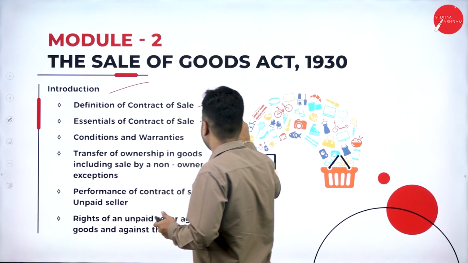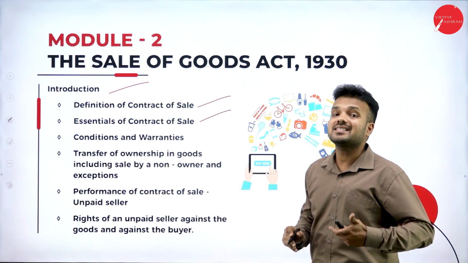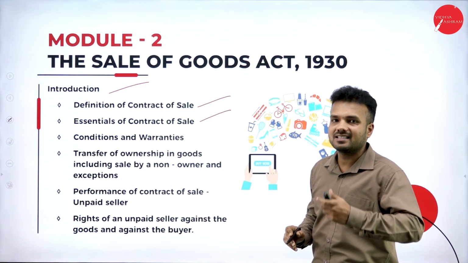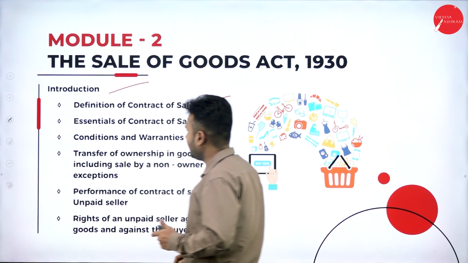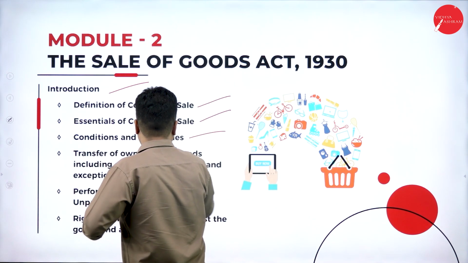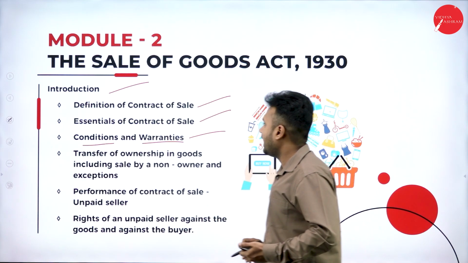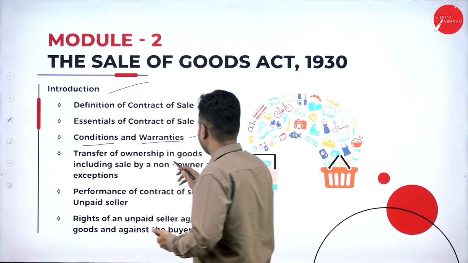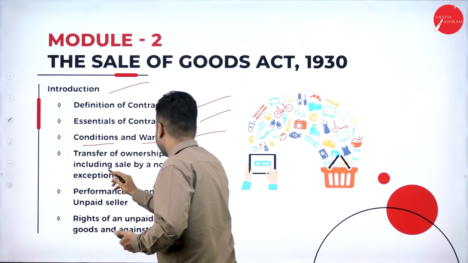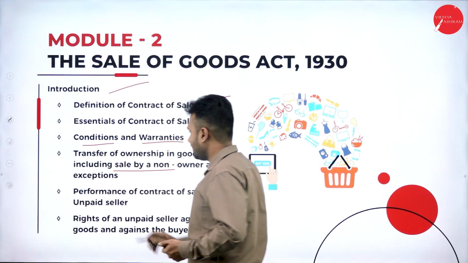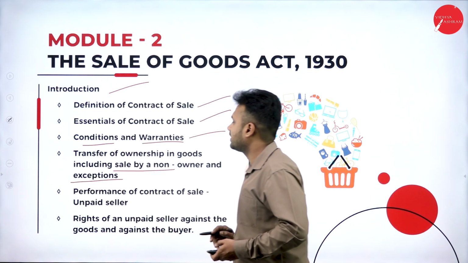Essentials of contract of sale. There are some essential elements that should be considered in a contract of sale. Conditions and warranties that are assured by the seller to the buyer. And transfer of ownership in goods, including sale by non-owner and its exceptions.